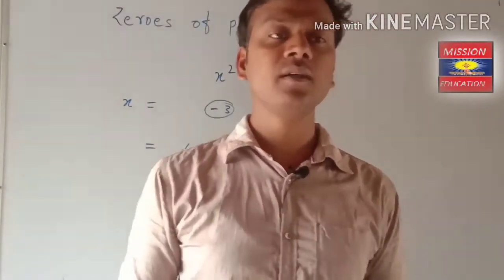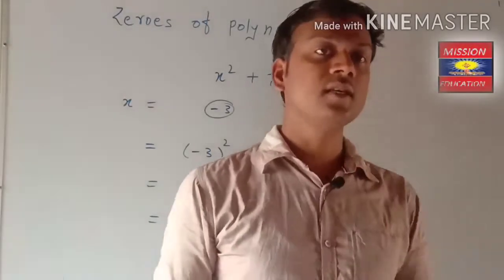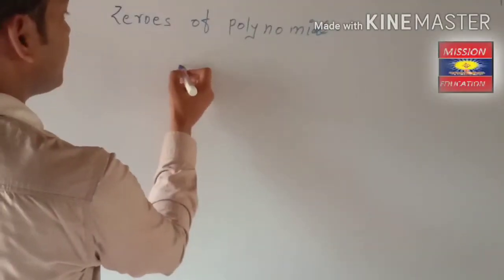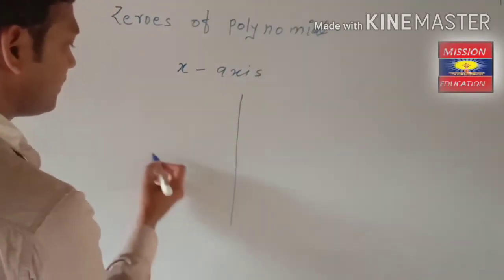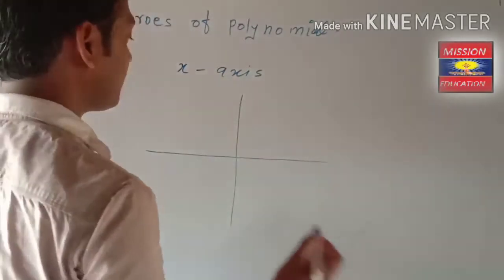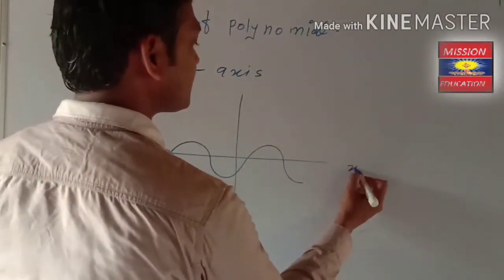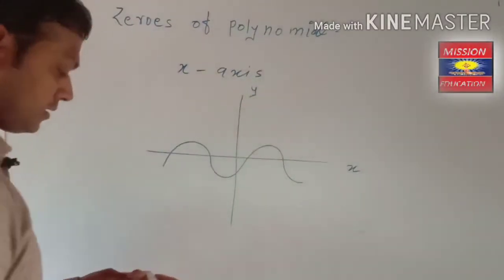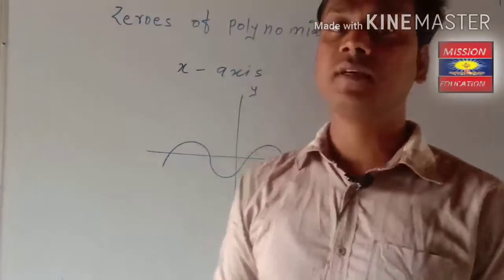But always remember it is regarding a given axis. Suppose polynomial in x-axis, we can draw a graph related to a cubic equation or quadratic equation. Suppose it is x-axis and y-axis. So how many zeros does the given equation have?